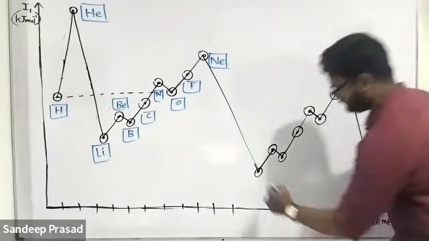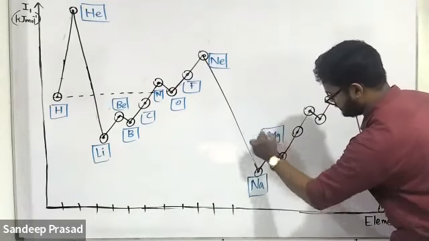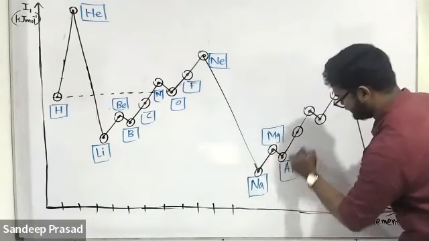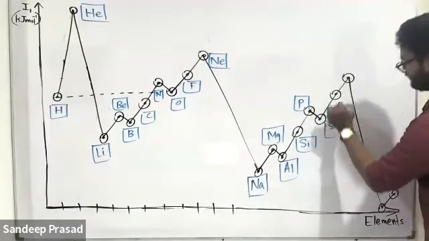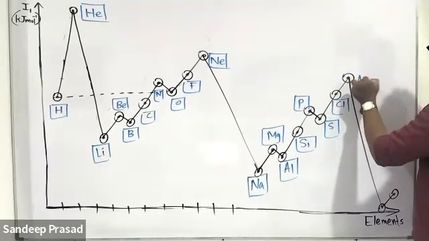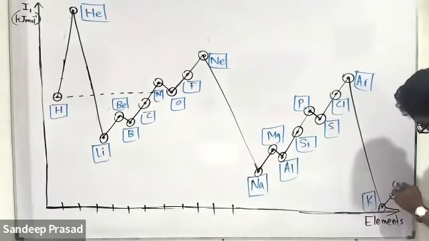Right? Sodium, magnesium, aluminium, silicon, phosphorus, sulfur, chlorine, argon. If we want, potassium and calcium.